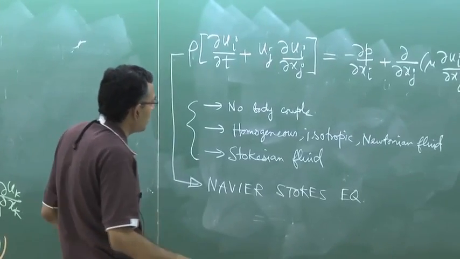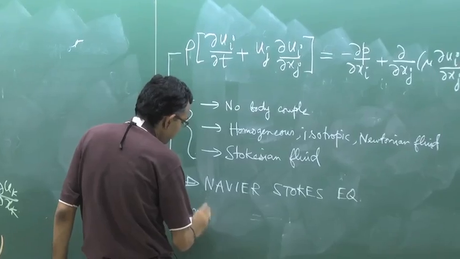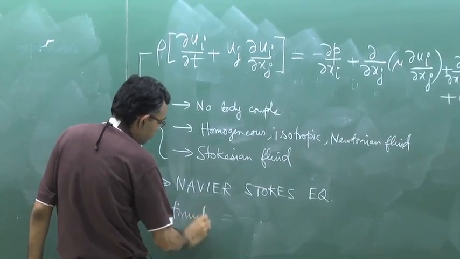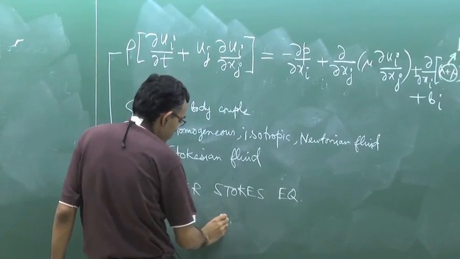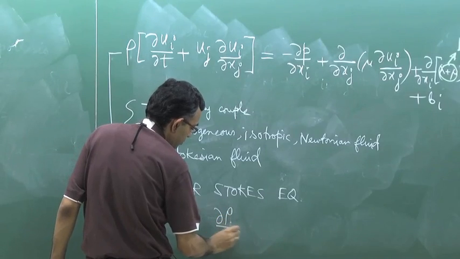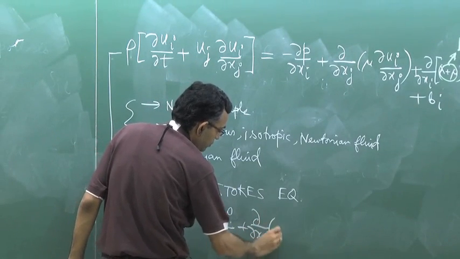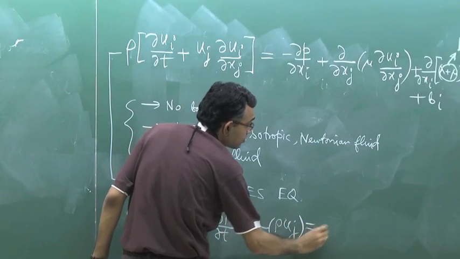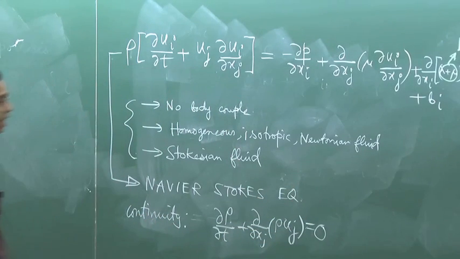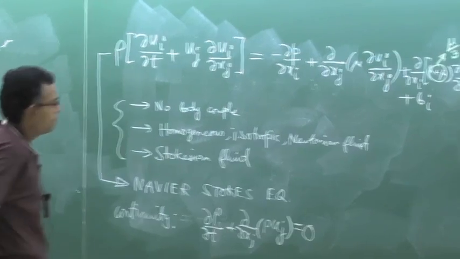So coupled with that you have the continuity equation, so now you tell how many unknowns are there. Unknowns.